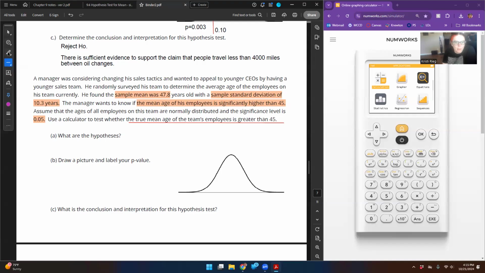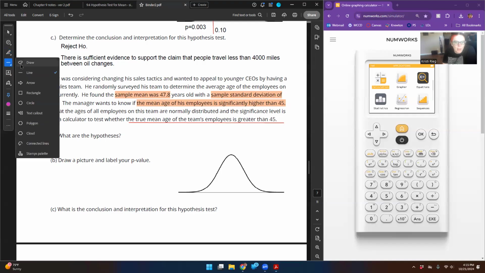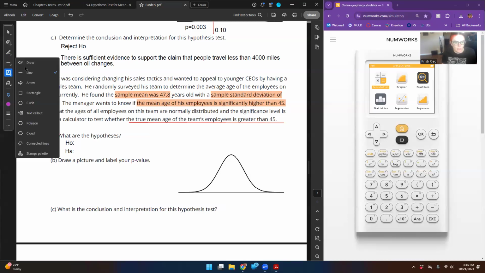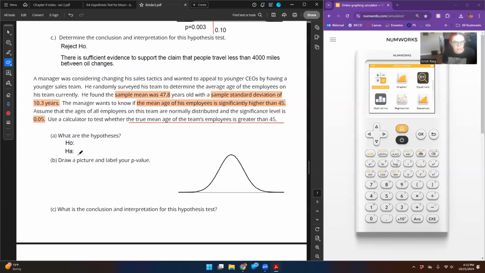Okay, so our hypotheses, back to our null and alternative. We are talking about the mean age being higher than 45. So let's get our mus in there.